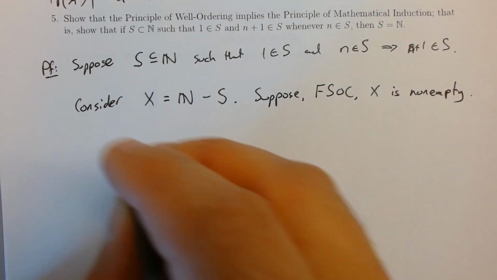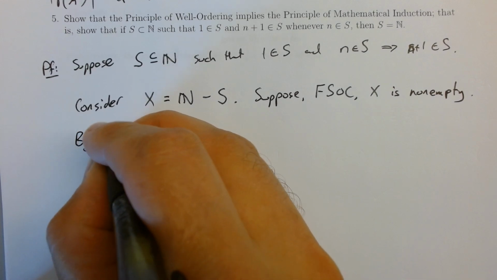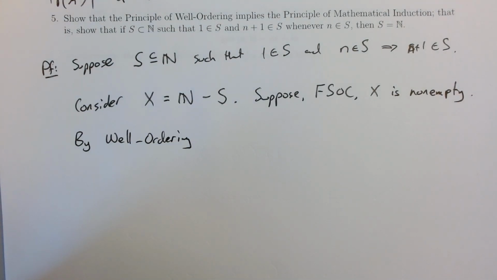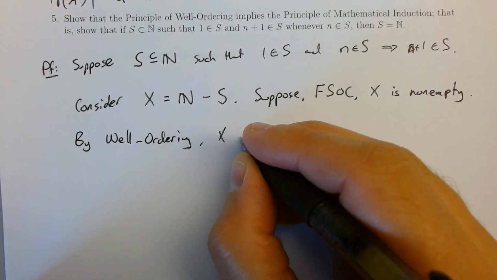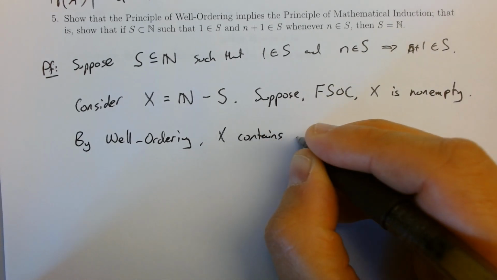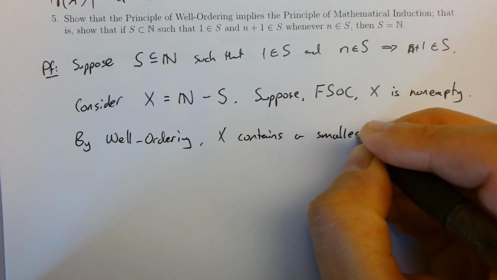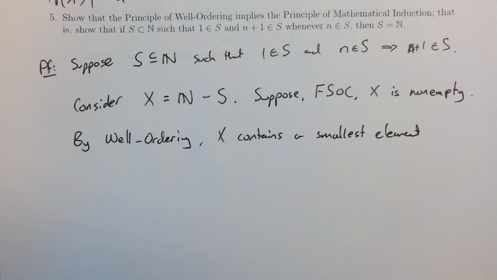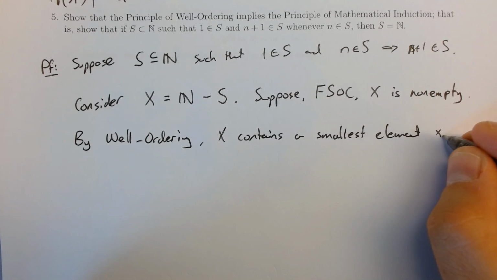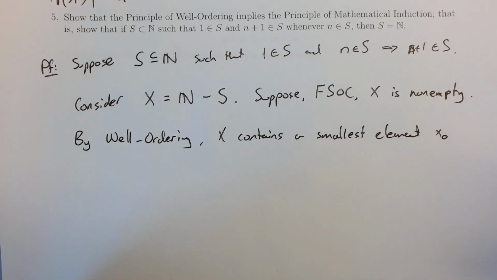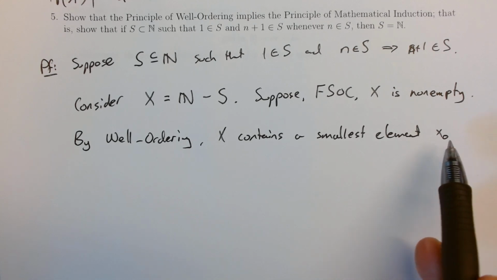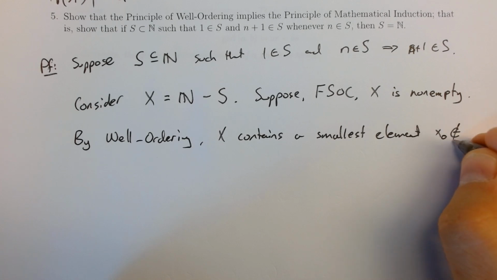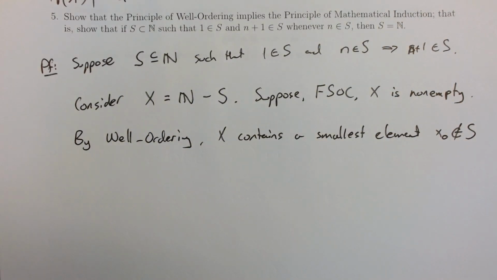So our next statement is to say, by well ordering, X contains the smallest element. Let's call this little x0. Well, if that's in X, then that means it's not in S. So this is an element that's not in S.